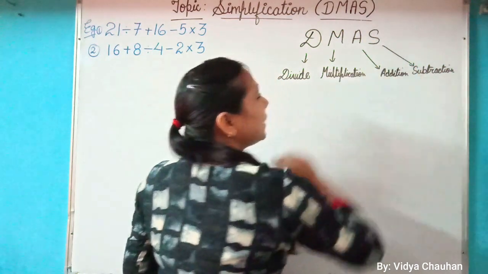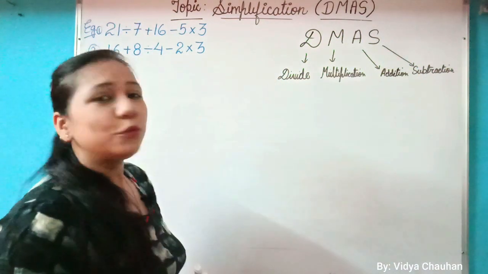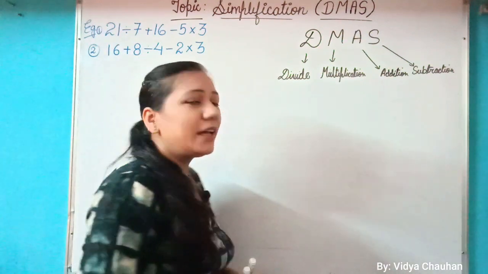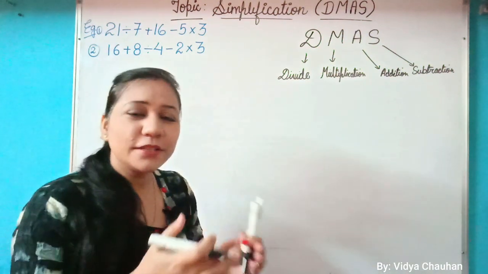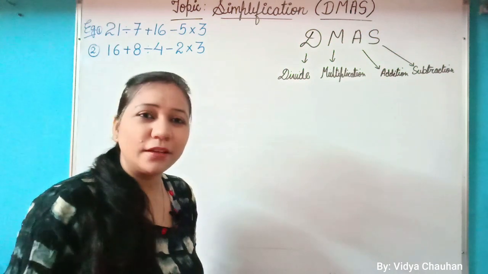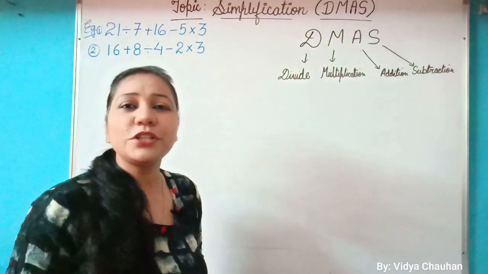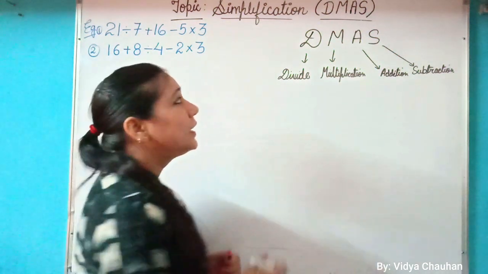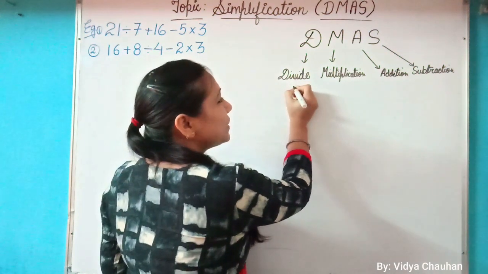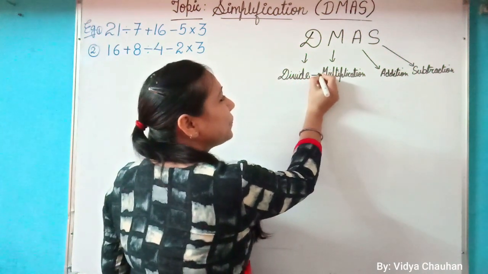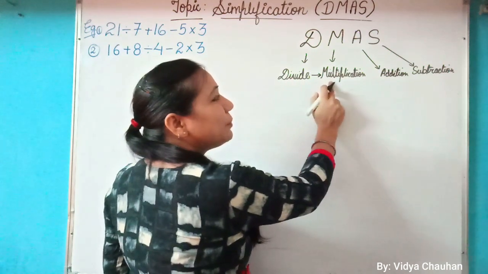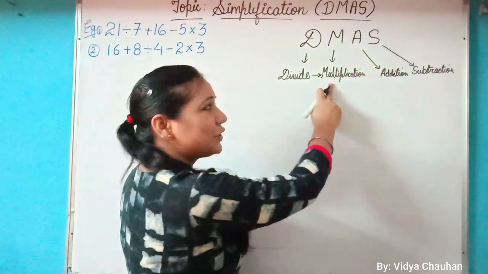This DEMAS rule says that whenever there is a problem which consists of all the operations together, very first we will do division. After division we will perform multiplication.